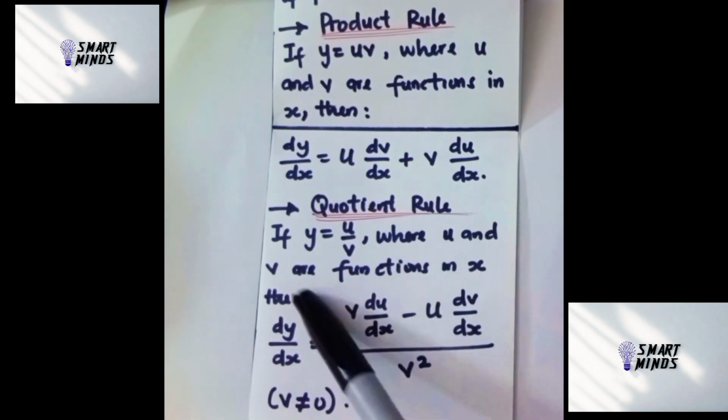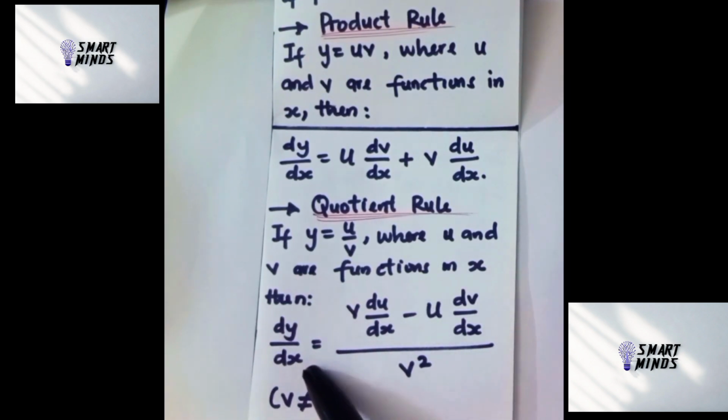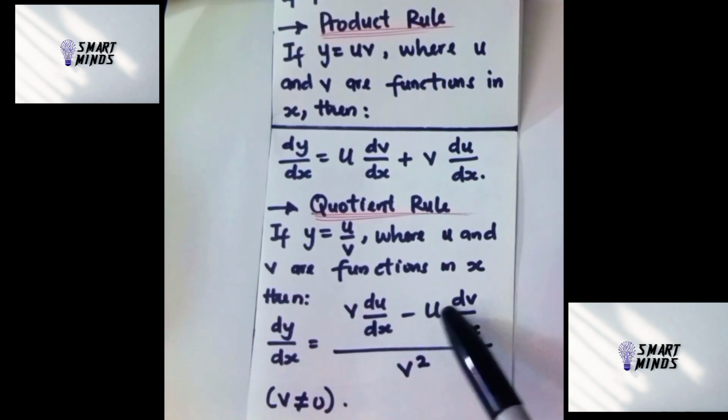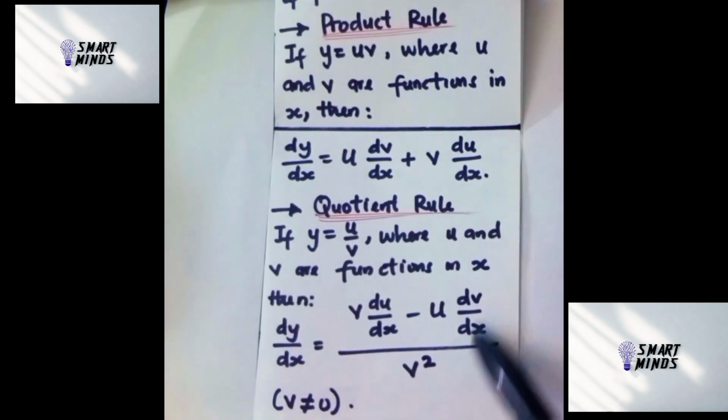Where u and v are functions in x, then dy by dx equals v du by dx minus u dv by dx, all over v squared. But take note, v is not 0. When v is 0, you can't apply this formula. You can only apply this formula when v is not equal to 0.